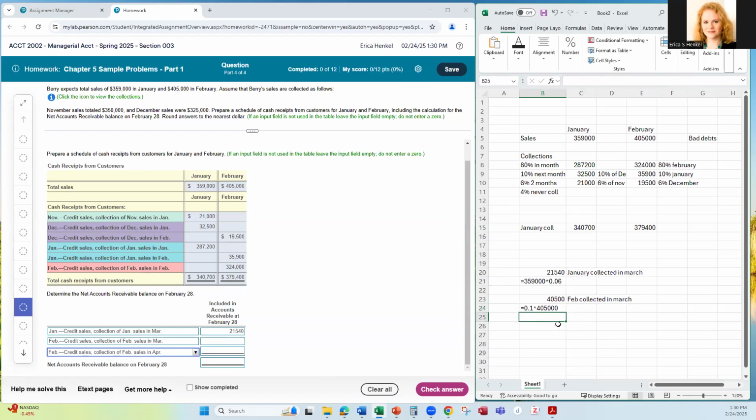And then we're going to have 6% of February, 0.06, that is going to be collected in April.